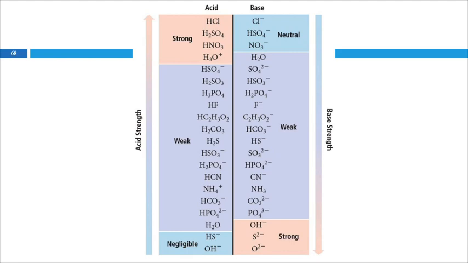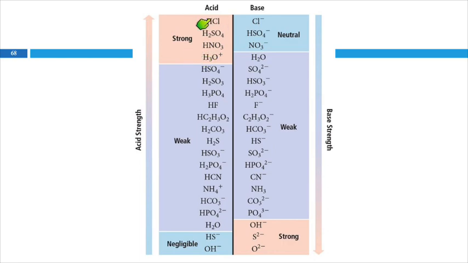So this figure illustrates the relationships of the different acids and bases. Up here, we have the strong acids, well, some of them: HCl, H2SO4, HNO3, and hydronium is also considered a strong acid.